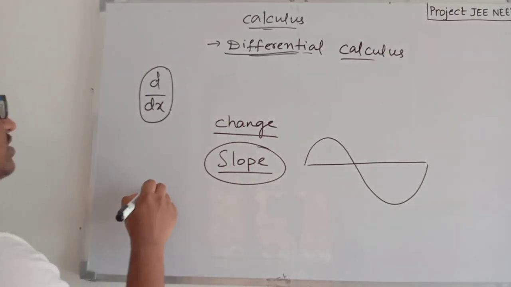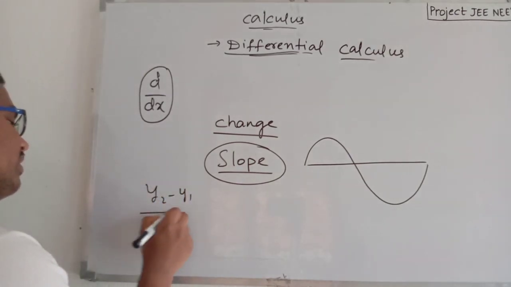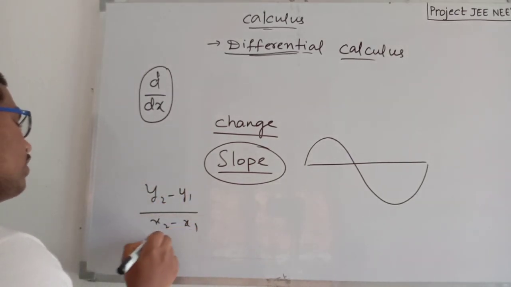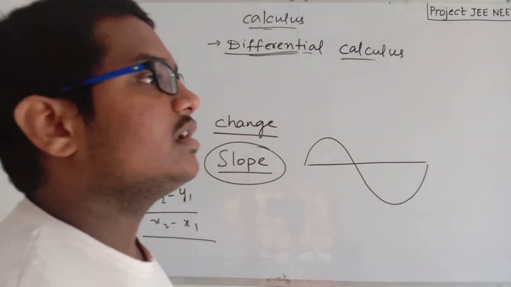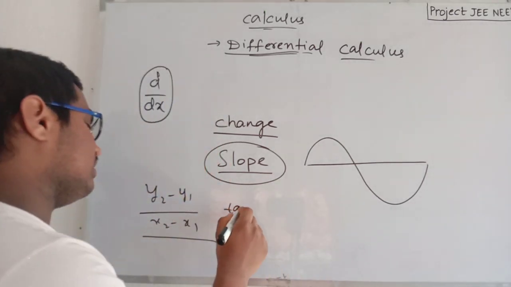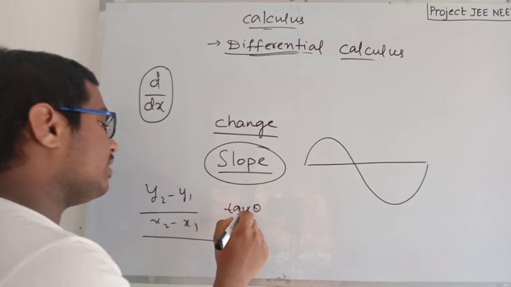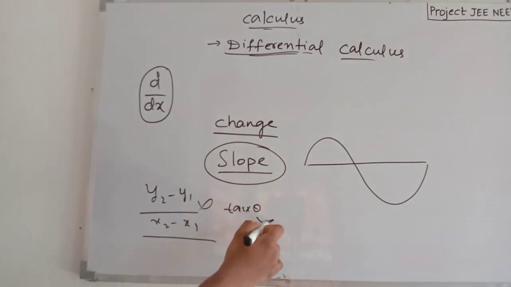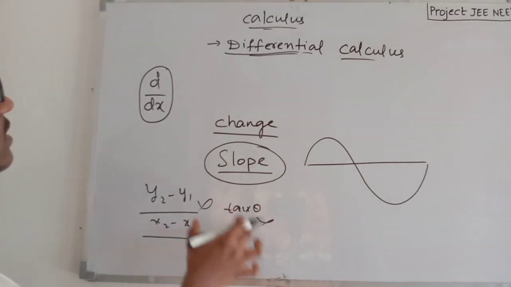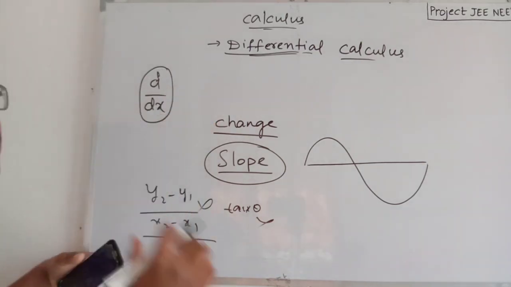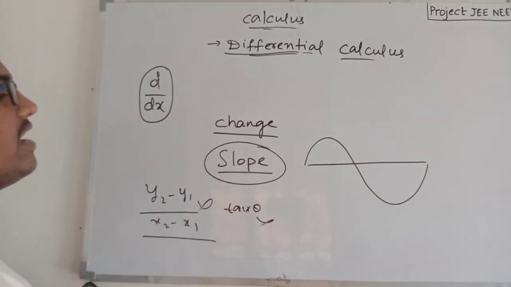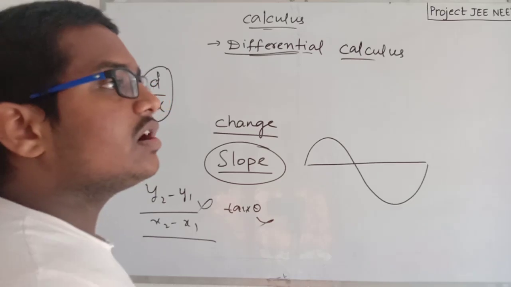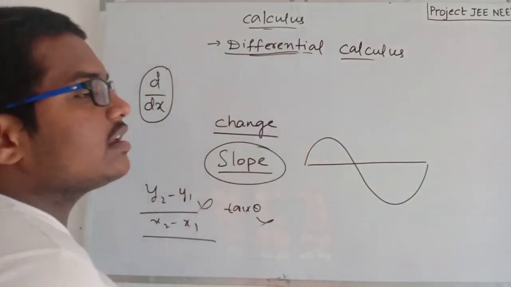The slope of the function is (y2 minus y1) by (x2 minus x1) according to coordinate geometry, and tan theta as well. But we don't want this type of simple problem; d by dx gives you the accurate, actual behavior of the function according to differential calculus.